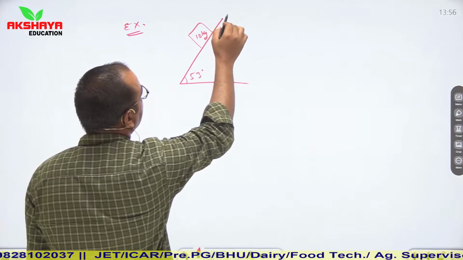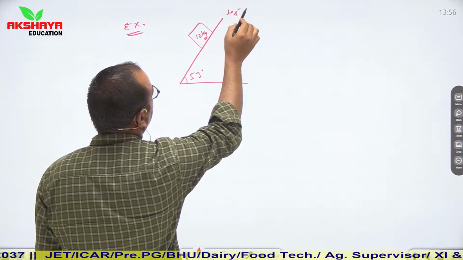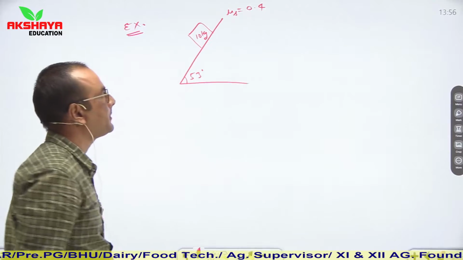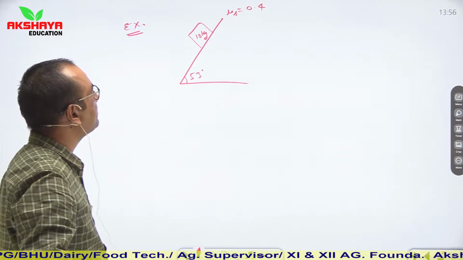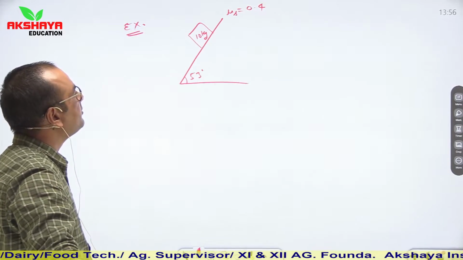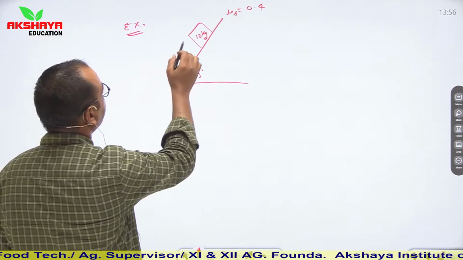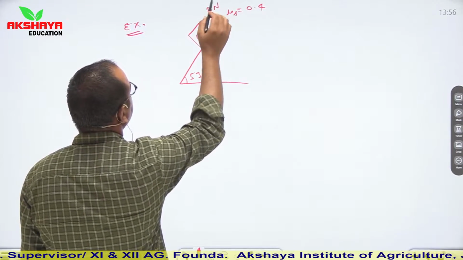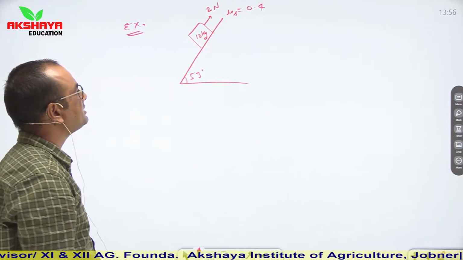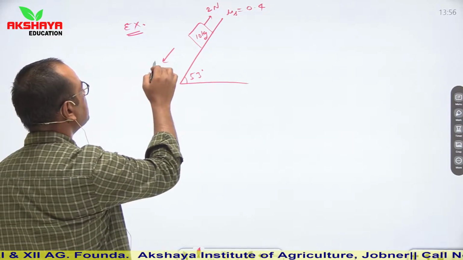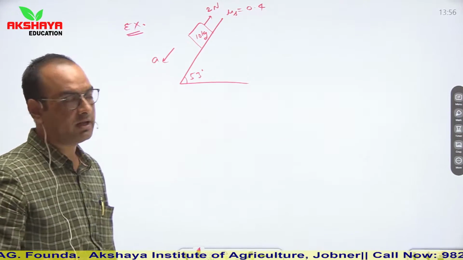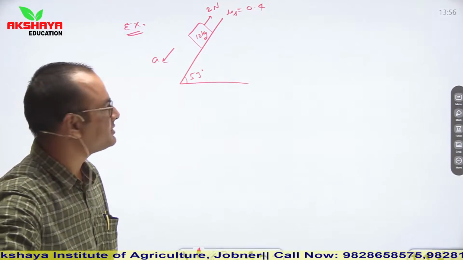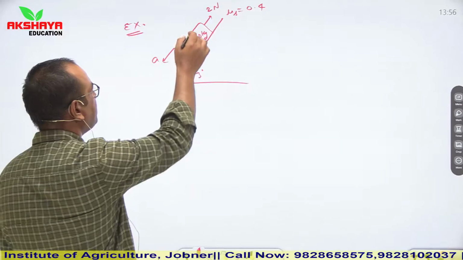Coefficient of friction between surface and this inclined plane is 0.4 and this object is accelerating. Let us say this is a force of 2 Newton and it is accelerating in downward direction. It is given in question. Then calculate value of acceleration.